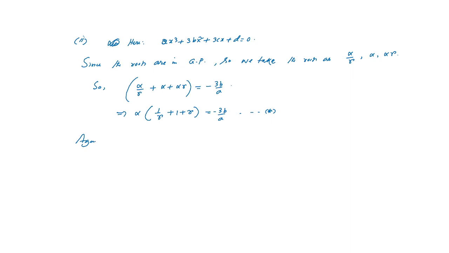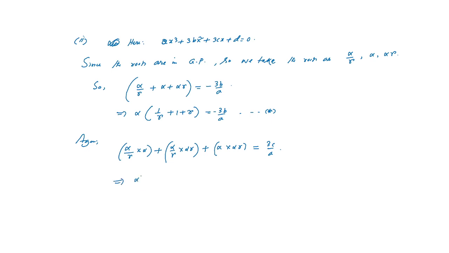And again, if we take two roots at a time as products, alpha by r into alpha plus alpha by r into alpha r plus alpha into alpha r, that will be 3c by a.